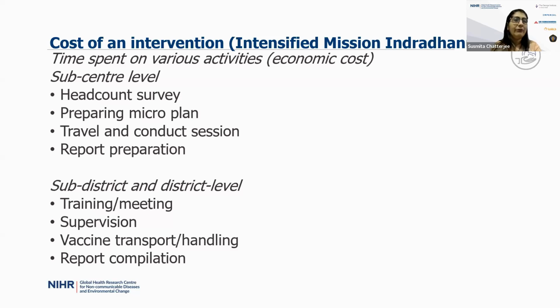Will you interview everyone? No, you have to do sampling. That's a different issue. I'm not talking about that, but I'm saying that this kind of information, time spent by different personnel for various activities, needs to be collected through face-to-face interviews.